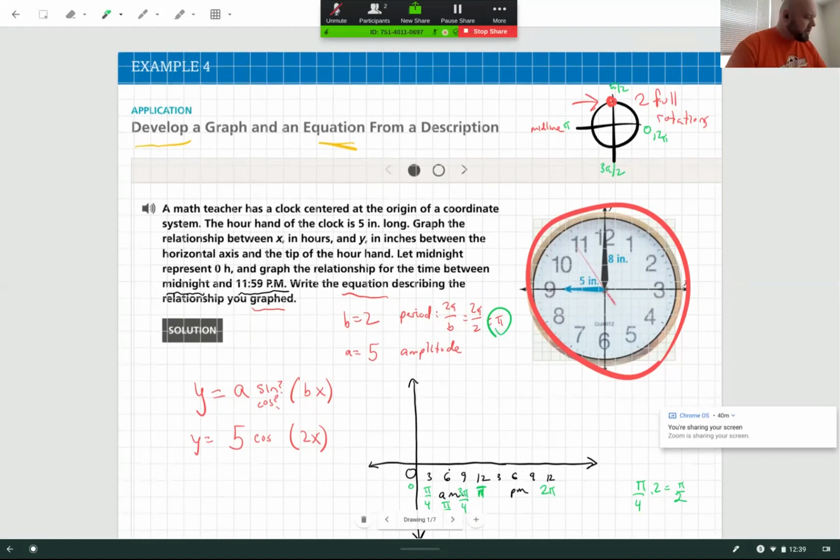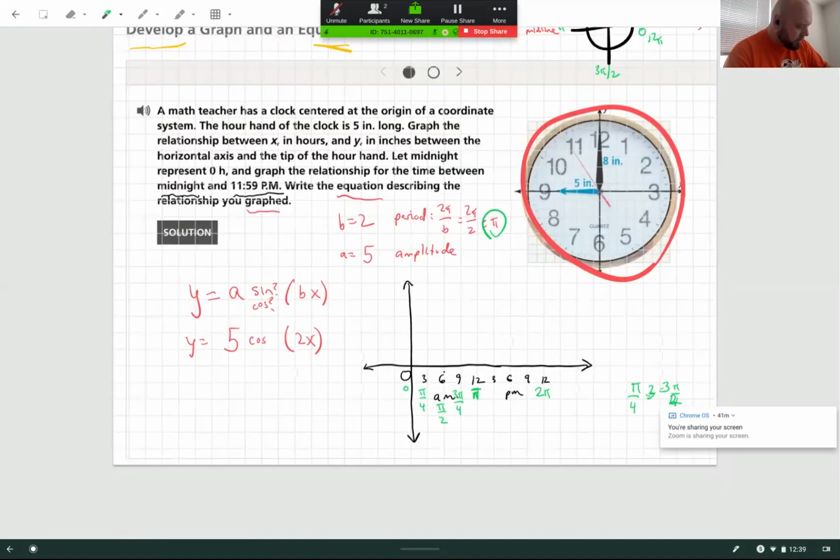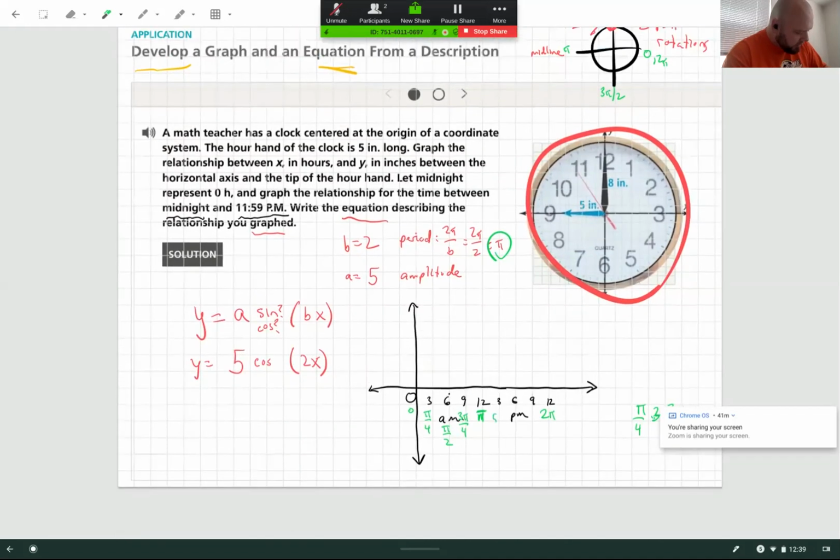Pi over 4 times 3 gives me 3 pi over 4. Pi over 4 times 4 will give me 4 pi over 4, or just pi. So this next one over here will be 5 pi over 4. This will be 6 pi over 4. This will be 7 pi over 4. And then 2 pi is 8 pi over 4. 8 over 4 reduces to 2.